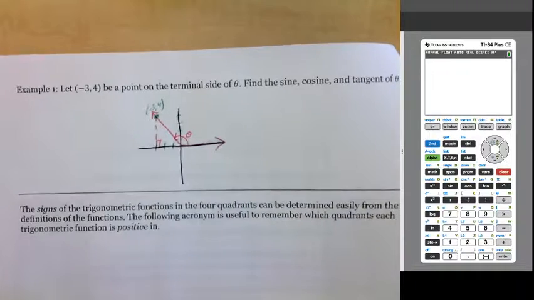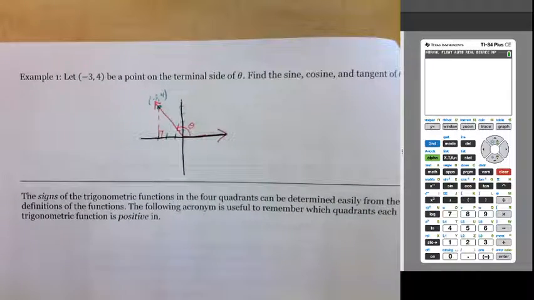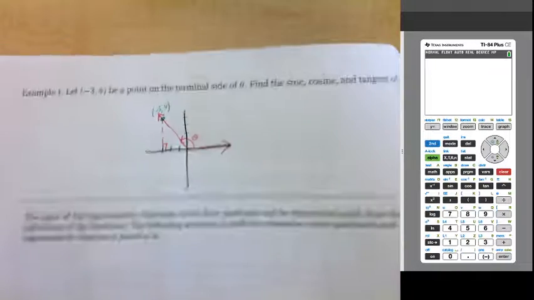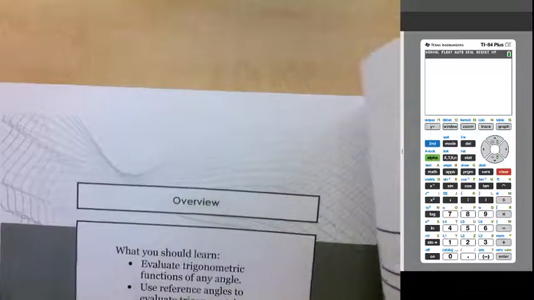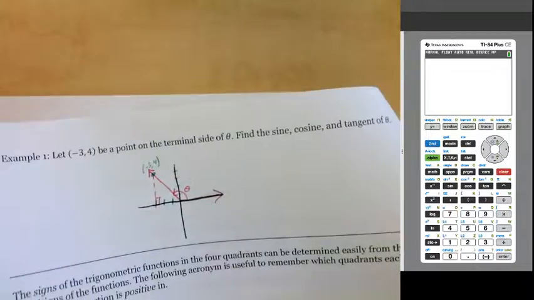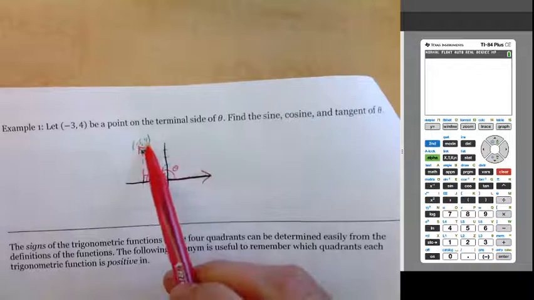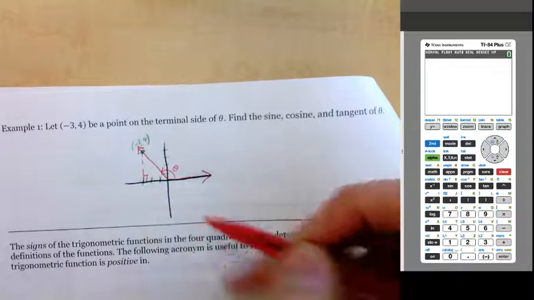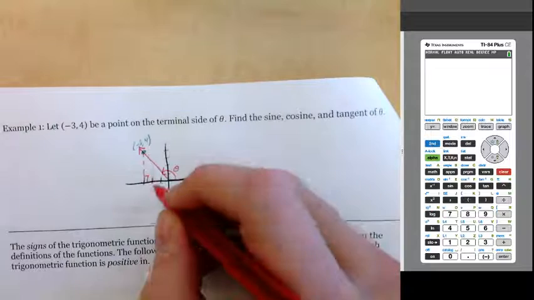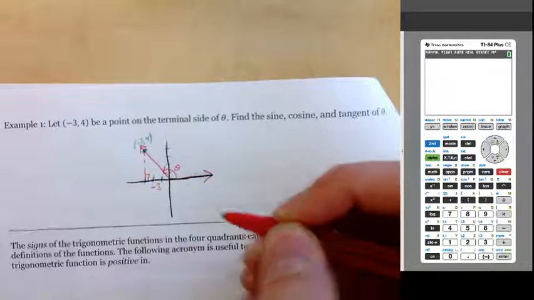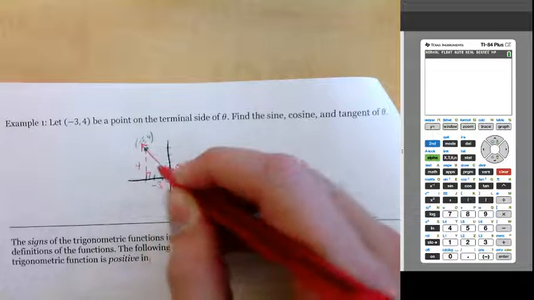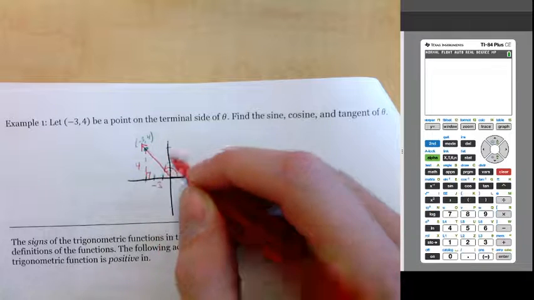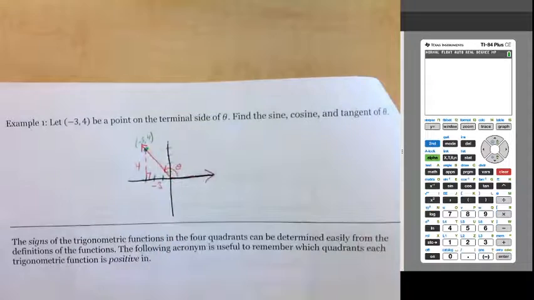So we can use what we found on the first page, where sine is y over r, and the y-coordinate is 4. The question is, what would this r be, because we're not given that. All we know is over here is negative 3, and up here is 4, because that's how we plotted that point. So we have to find this r value.